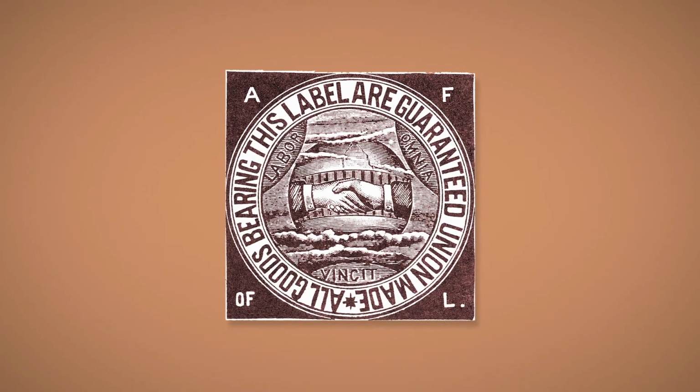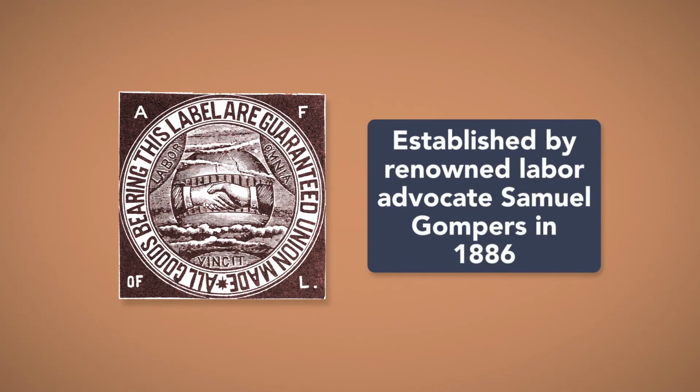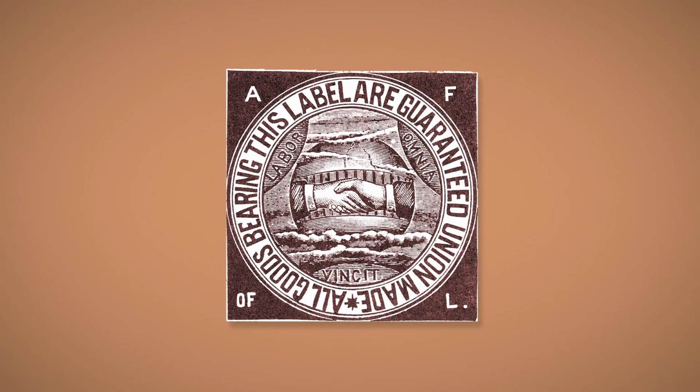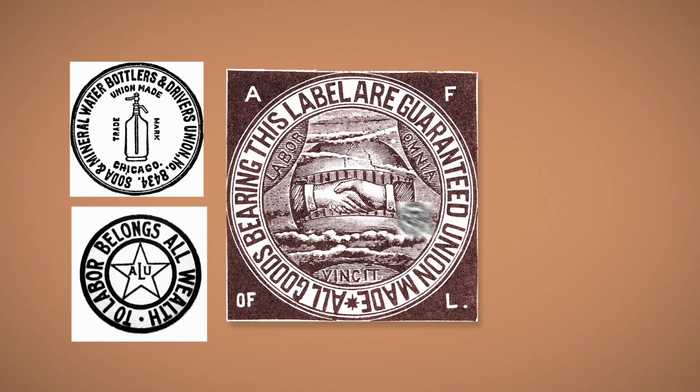The American Federation of Labor, abbreviated AFL, was established by renowned labor advocate Samuel Gompers in 1886. With 1.4 million members at its peak, the AFL was successful at negotiating wages and improving workplace safety. The success of the AFL inspired the formation of more and more labor organizations.